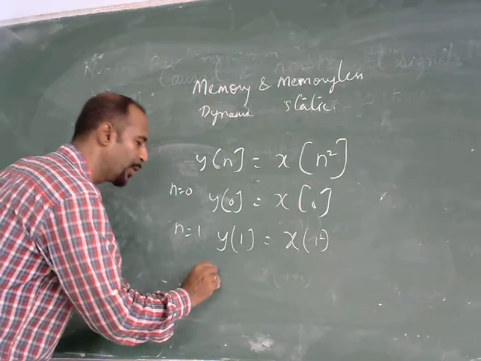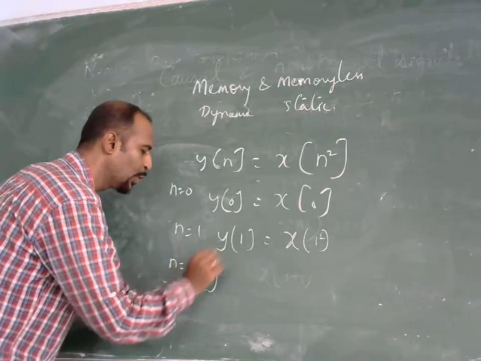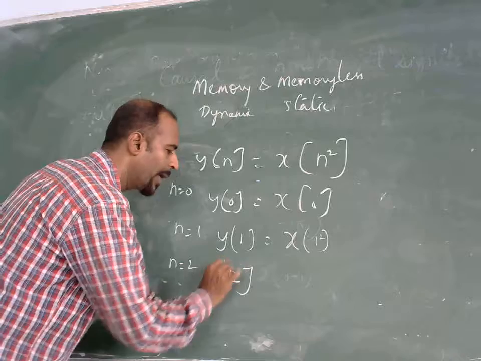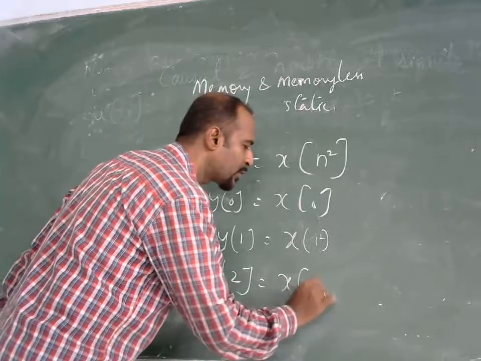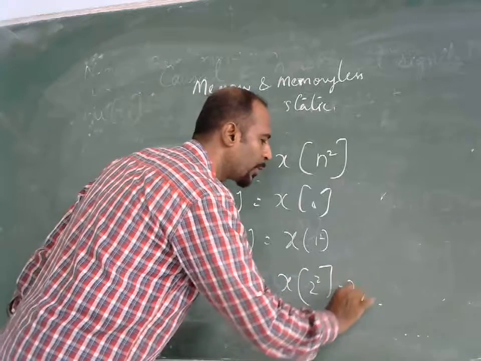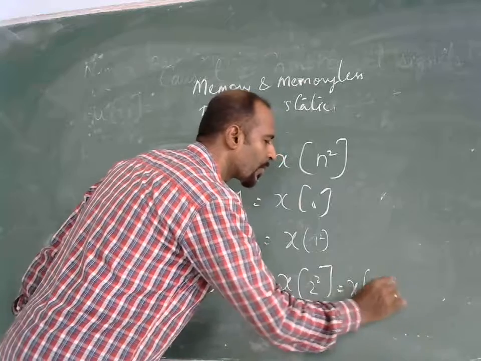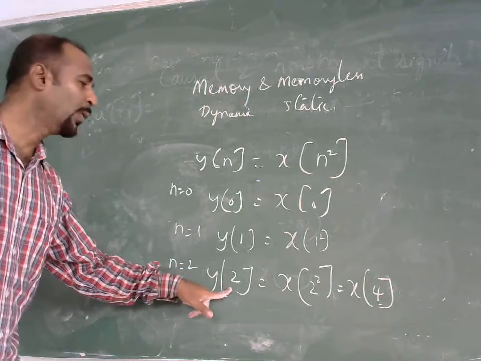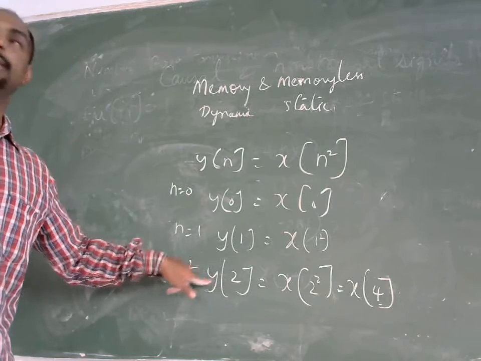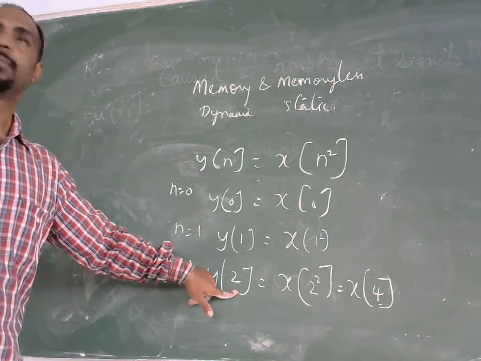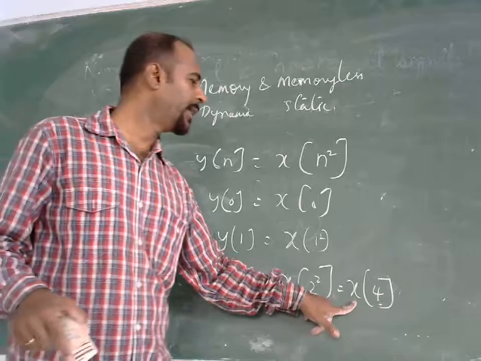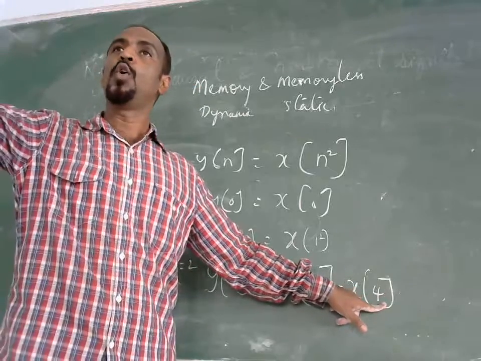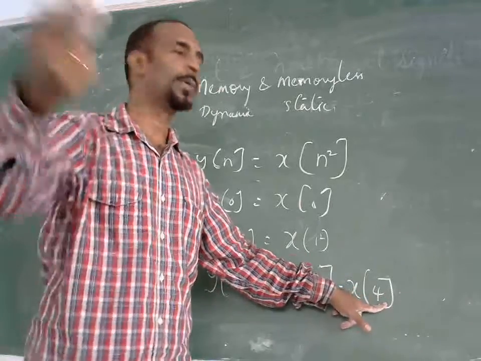Now let us check for another value. At n equals 2, y of 2 is equal to what? x of 2 square, that is equal to x of 4. We are talking of time instant 2 at the output, but the input is at time instant 4. 4 is ahead of 2.